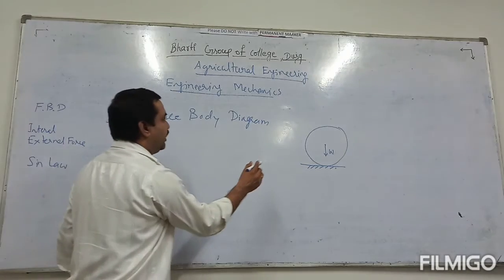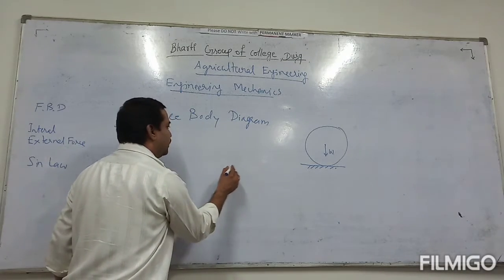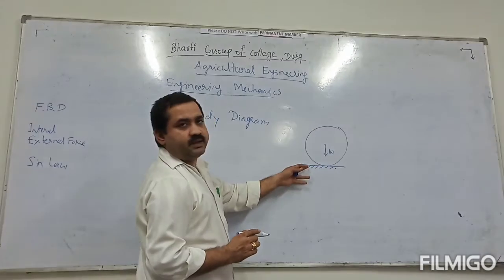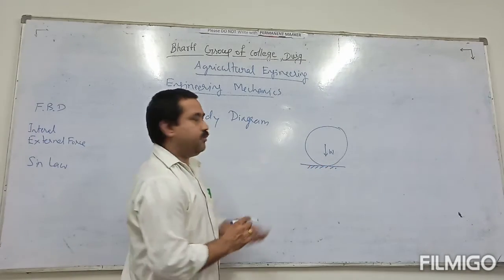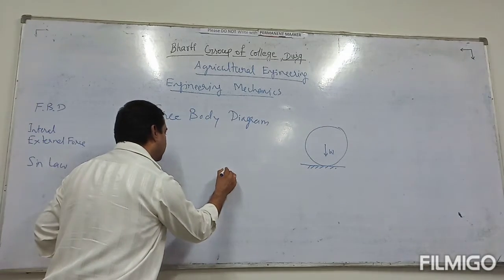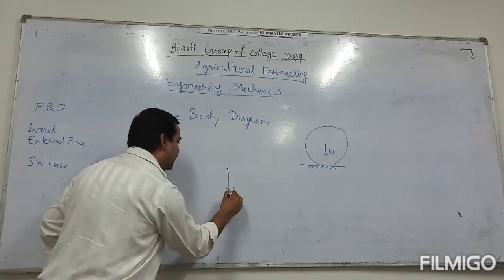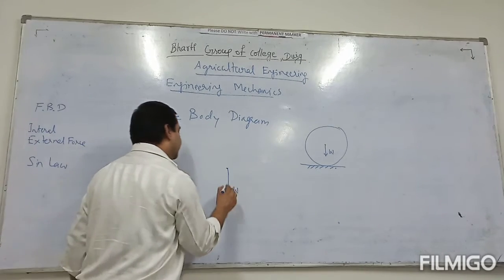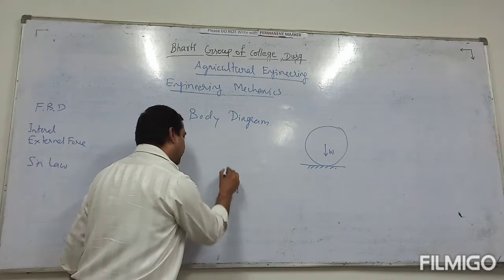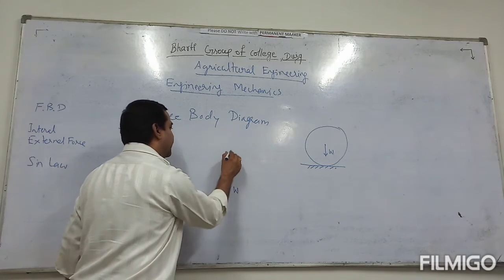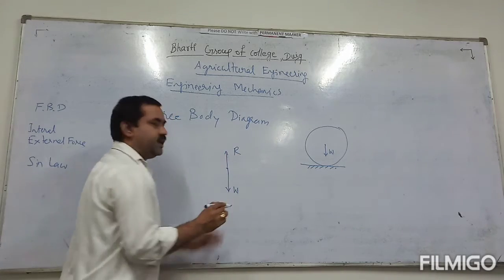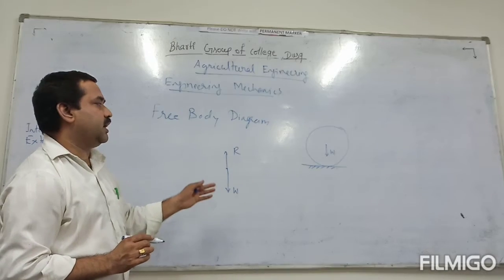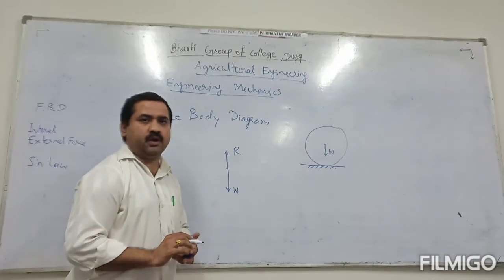So the free body diagram of this ball is made by replacing the ground. The weight of the ball acts downwards and the reaction acts upward. So this is the free body diagram of this ball.